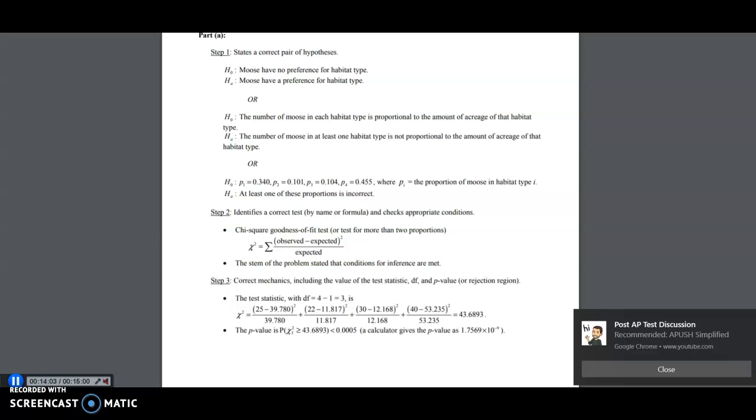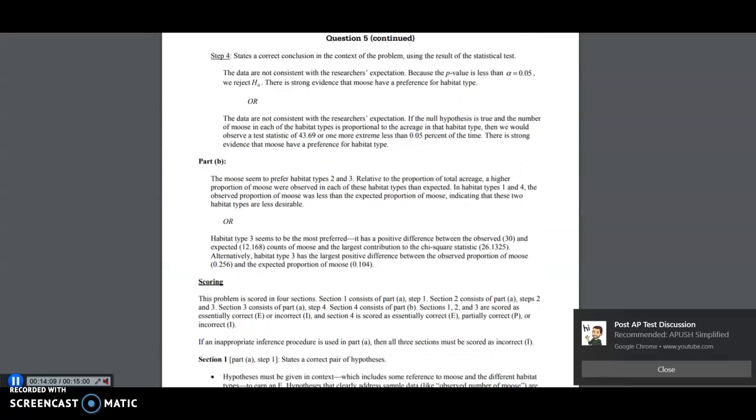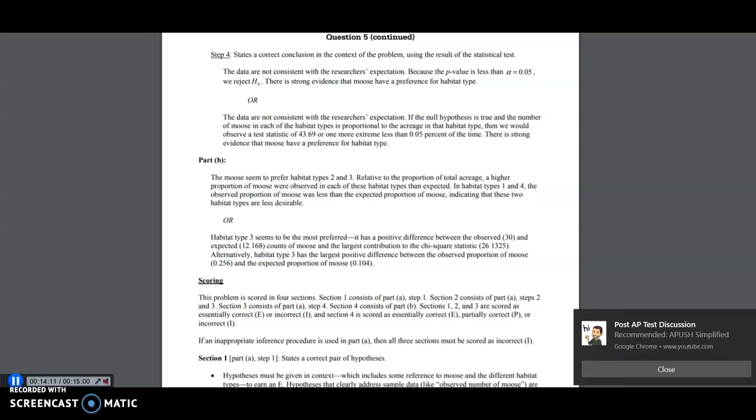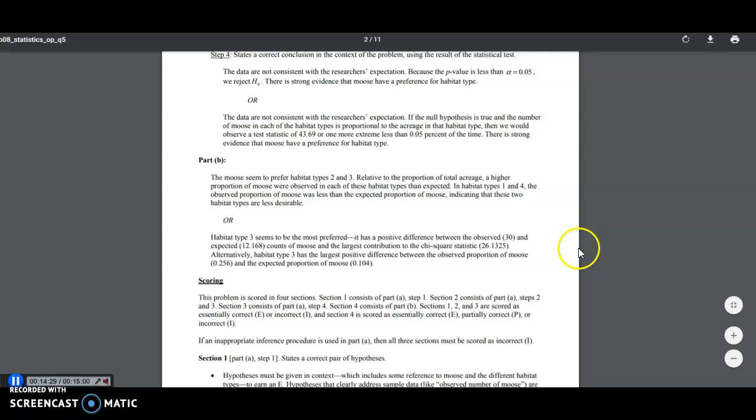The test statistic is there. You can see the full work written out with those degrees of freedom again, and then p-value, not consistent, strong evidence. So for option B, it's just recognizing that relative to those proportions, they were much farther off, and because they were larger than what was expected as opposed to less than, which was what happened for 1 and 4.